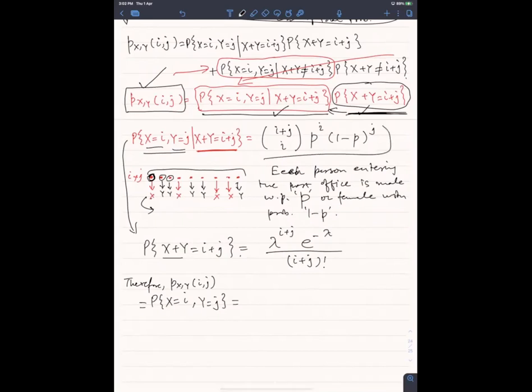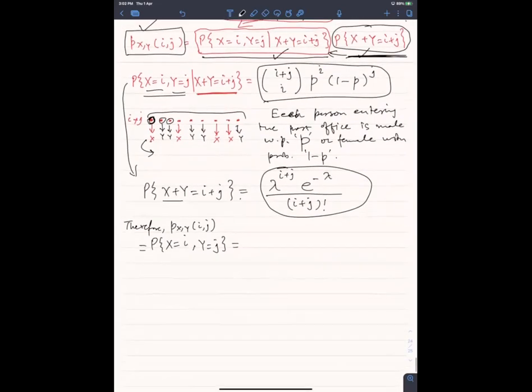So it would be this one here multiplied by this one here. So let's try it. It seems difficult, but you will see that it will turn out very nice. (i plus j choose i) p to the i, 1 minus p to the j, and the second, lambda to the power i plus j, e to the minus lambda over (i plus j) factorial.